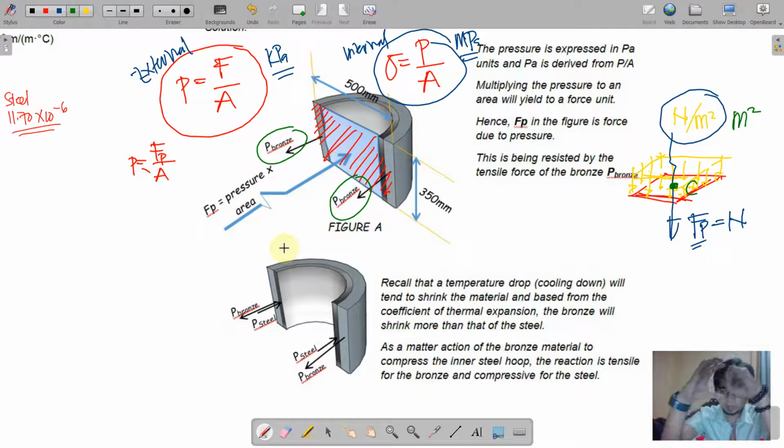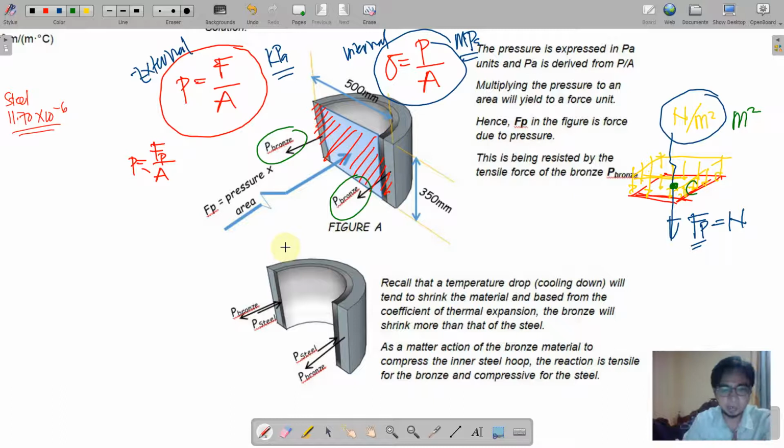Anong magiging reaction nito, inner hoop? It will be a compression. Okay? So, the effect, kaya nga, kinocompress nga nito, okay? Kapag kinocompress nito, at the same time, this is being stretched because there is a resistance on this inner hoop.